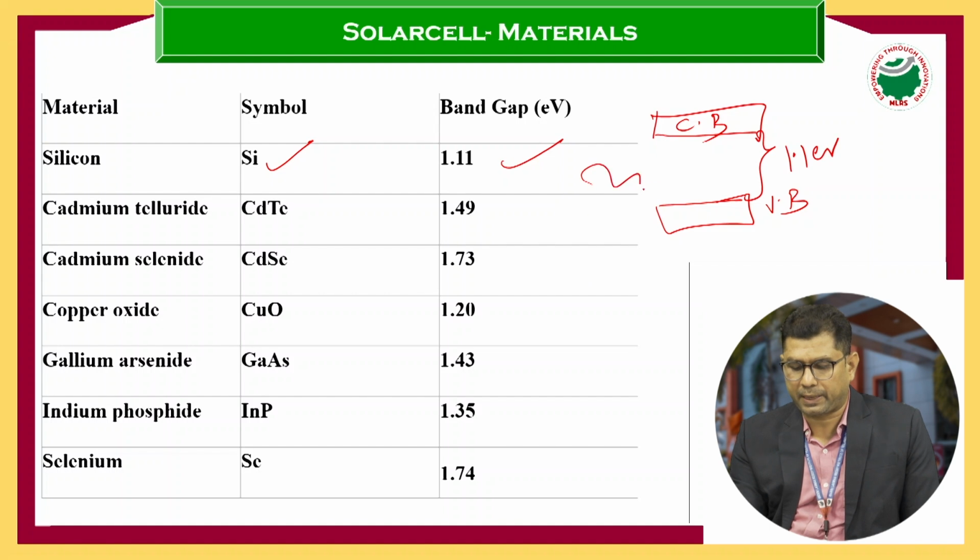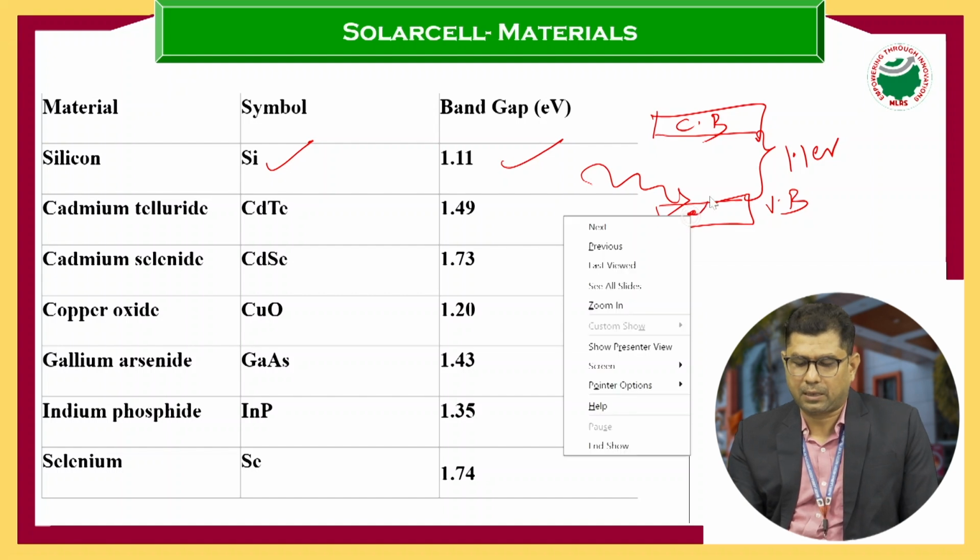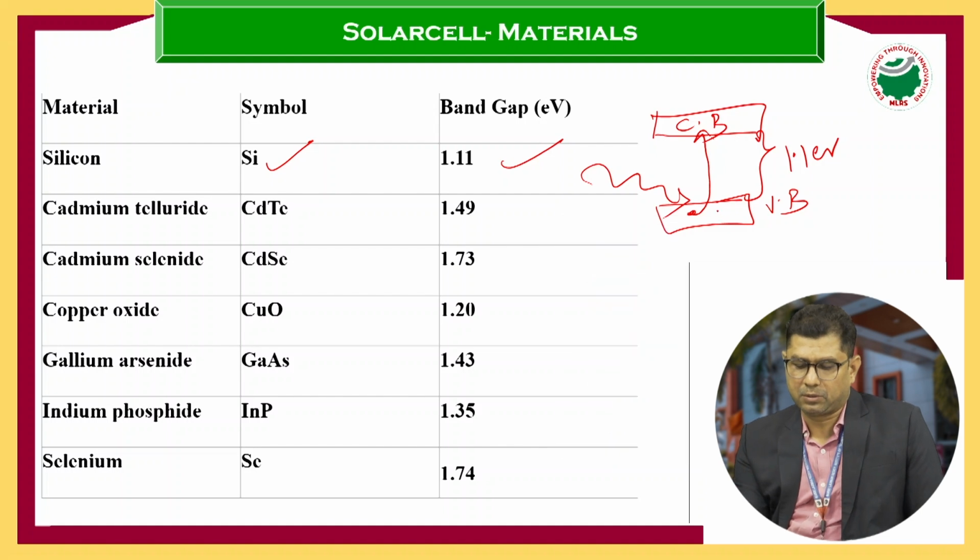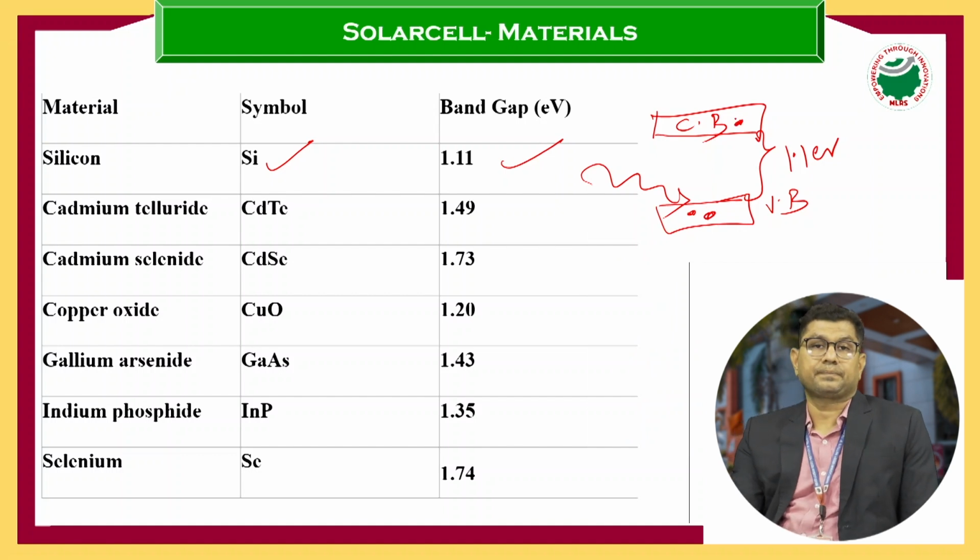You need to supply an external energy of at least 1.1 electron volts, then only will an electron excite from the valence band to the conduction band. Then a hole is produced in the valence band and an electron appears in the conduction band. This is called carrier generation.